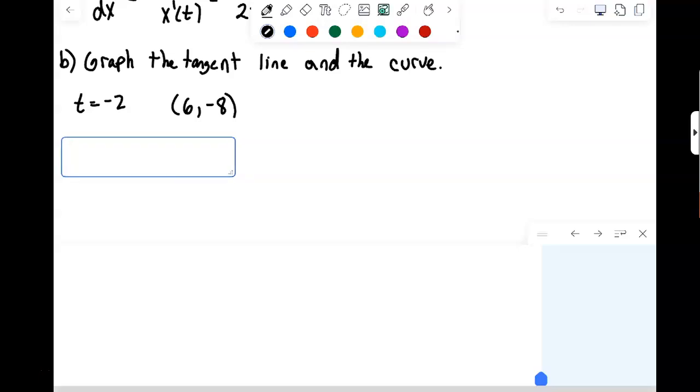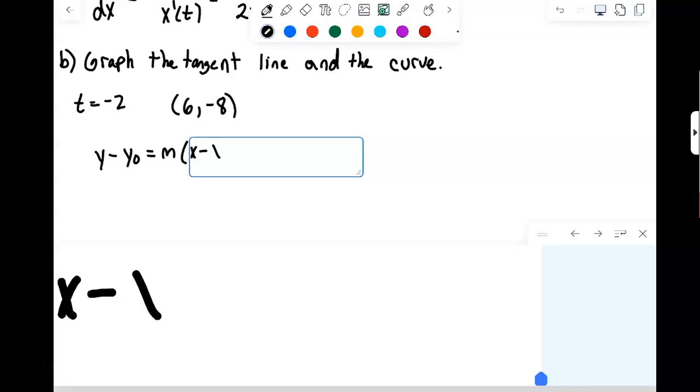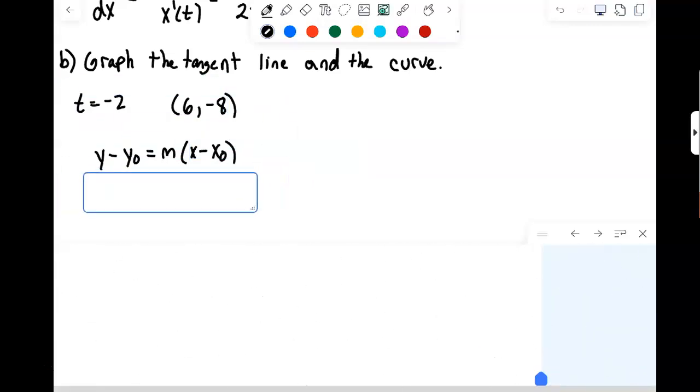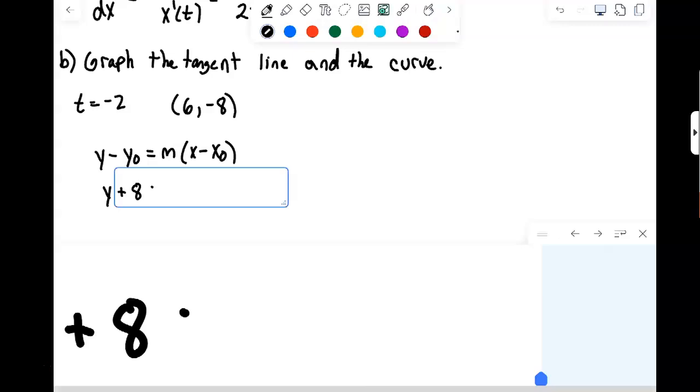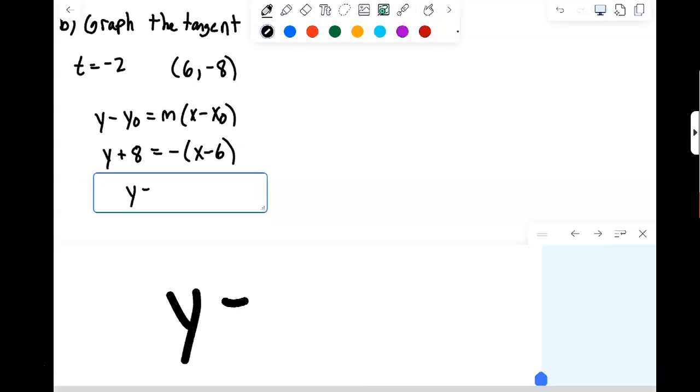So using my point slope formula, y minus y0 equals m times x minus x0, we can put my curve in there as y minus a -8, or y plus 8, equals -1 times x minus 6, and then just clean that up a little bit.